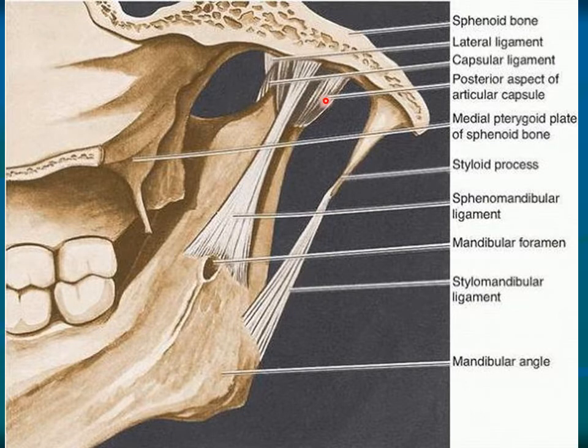And this is the posterior aspect of the articular capsule. This is the capsular ligament, and this is the lateral ligament, which is separate from the capsular ligament. So we can understand that each name is derived from its origin and its insertion.